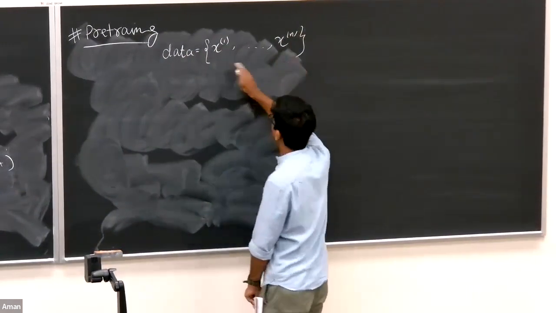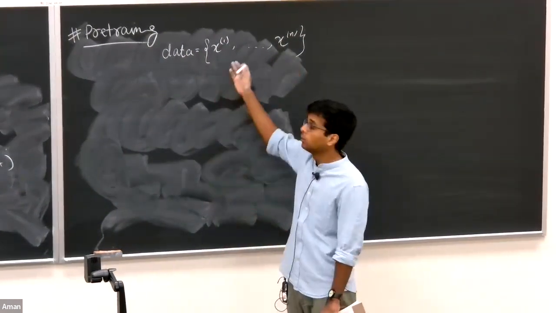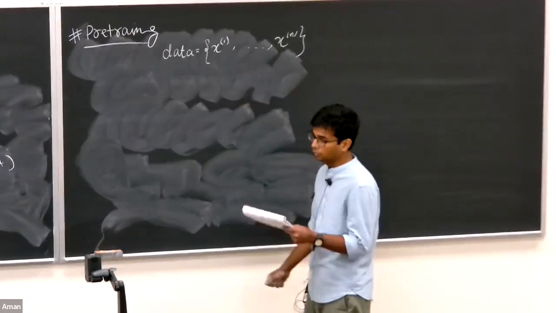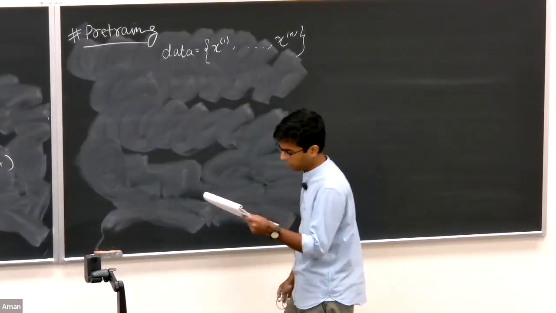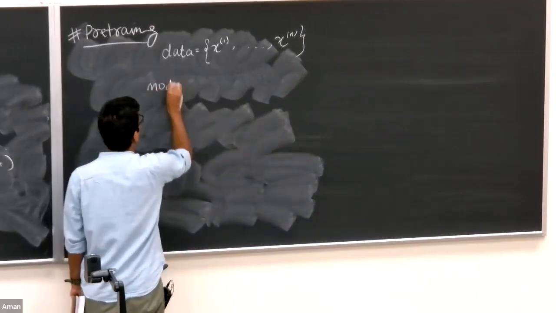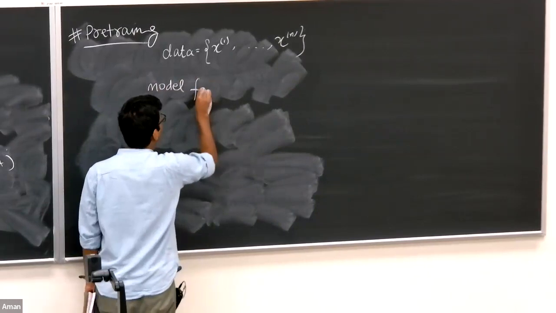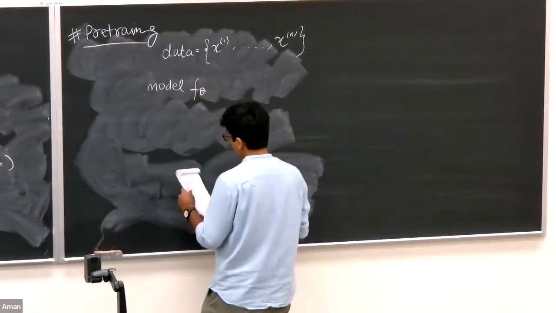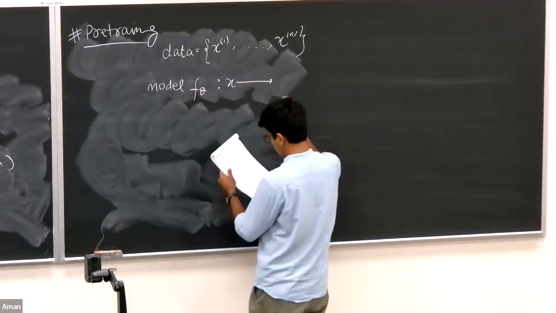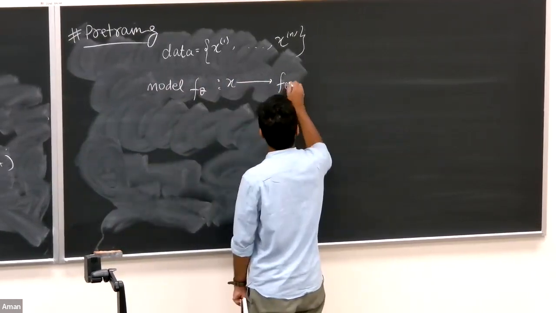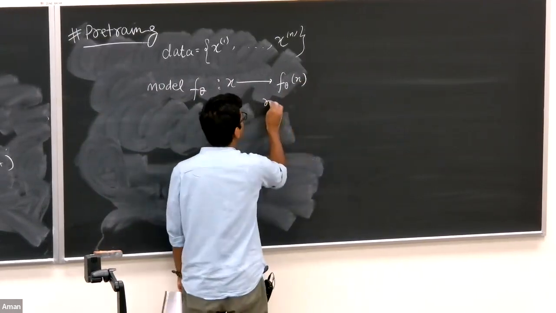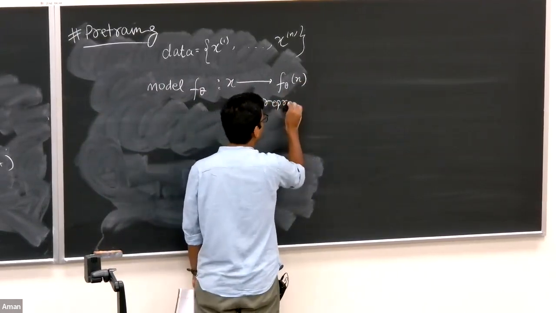And note that we don't have any corresponding labels. We don't know what these data points are. We just have a set of a large number of data samples. What we want to do is learn a model f theta, which takes in x and gives you f theta of x, which is known as the representation of that data sample.